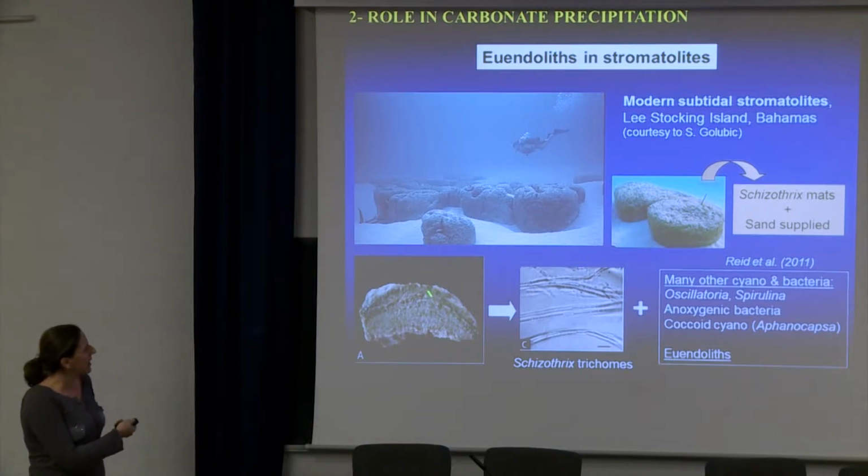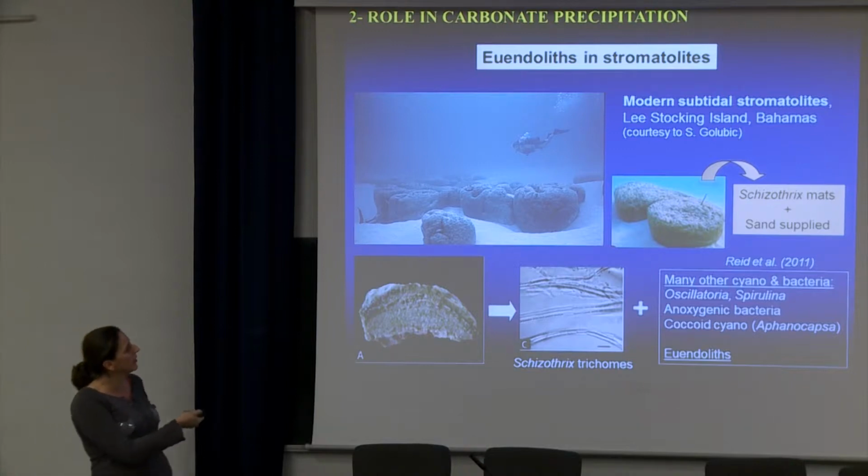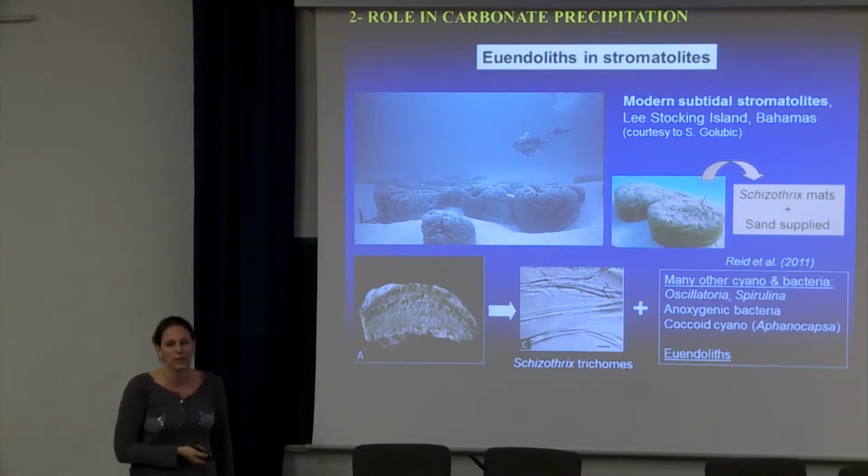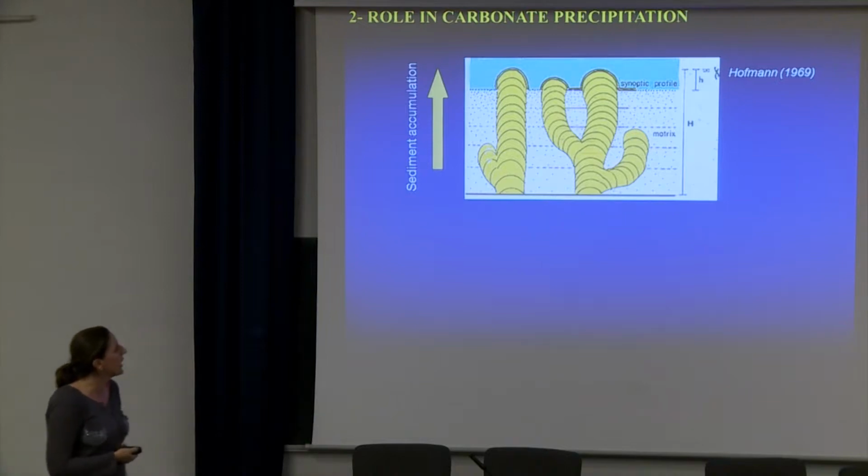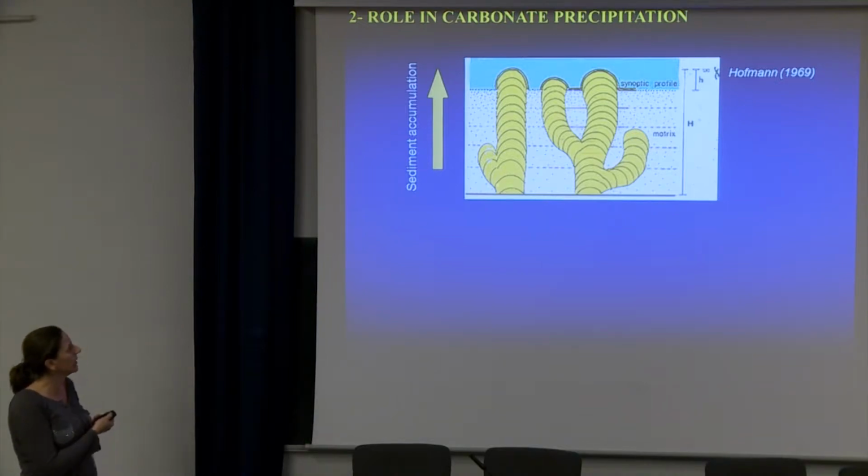As they accumulate sand, new species of cyanobacteria and bacteria are also accumulated, as well as euendoliths. But how do they get there? Well, here is a diagram from Hoffman showing the accumulation of the stromatolite structure.